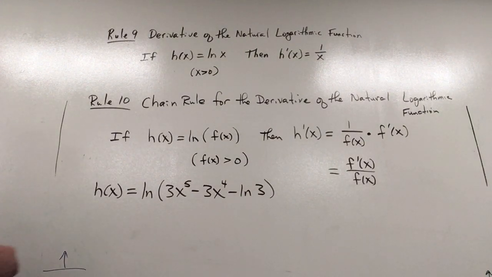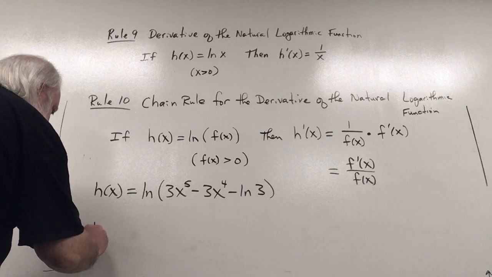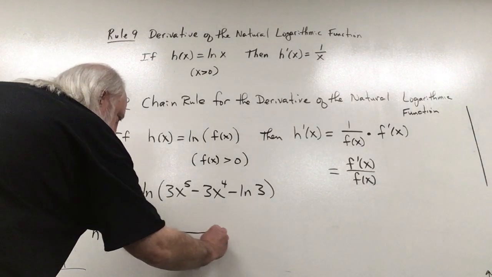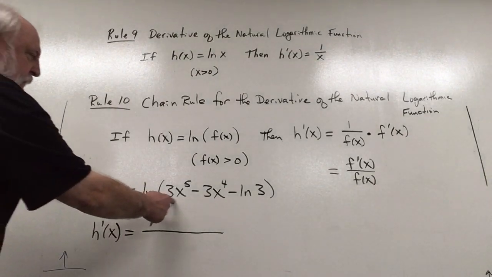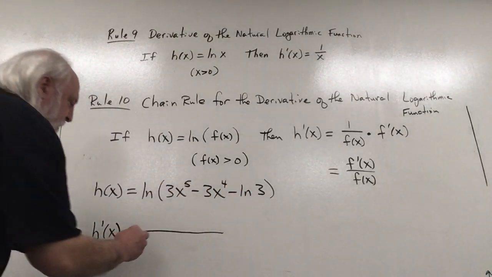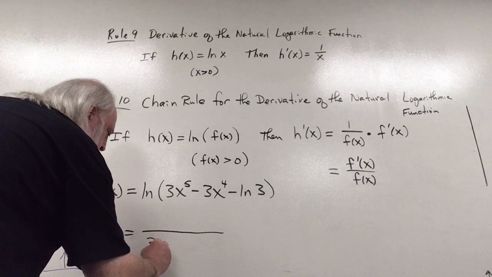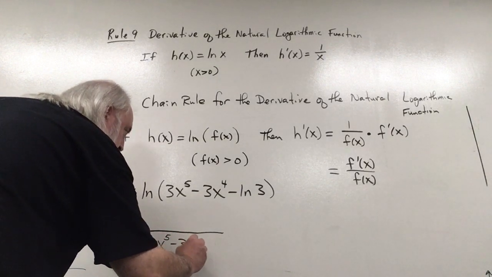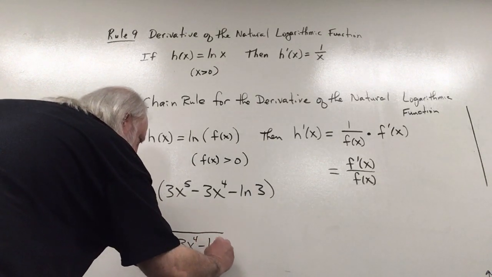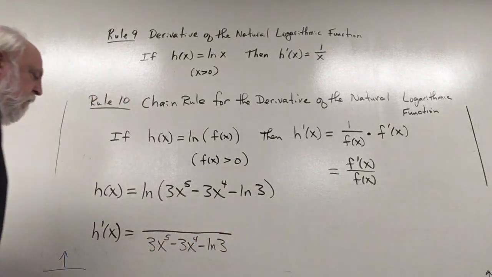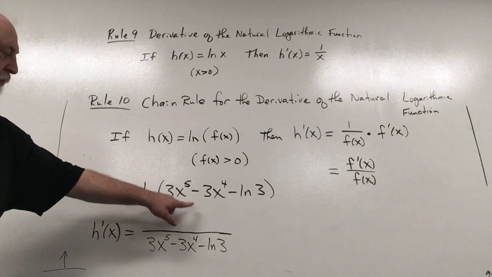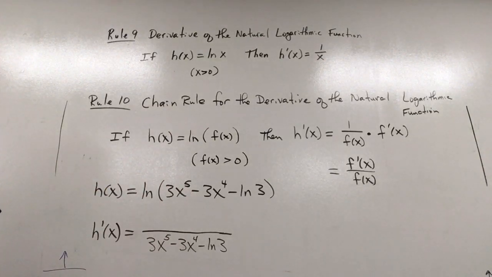So the derivative of h of x, which we denote with h prime of x, you put what's inside parentheses in the denominator first. And then you put in the numerator the derivative of what's in the denominator, or inside this parentheses.